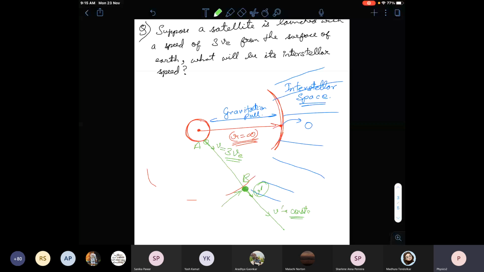Let's write it as vb. The velocity at point B is called the interstellar speed, and this is what they are asking us.